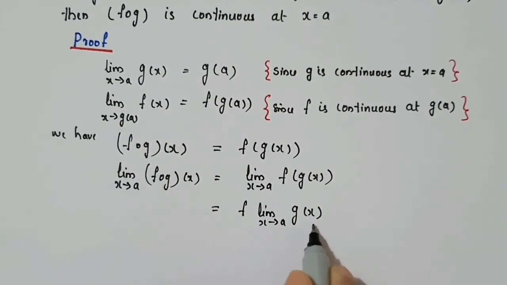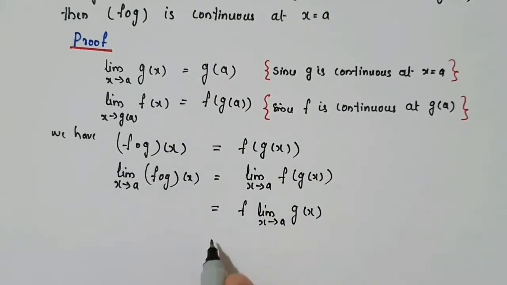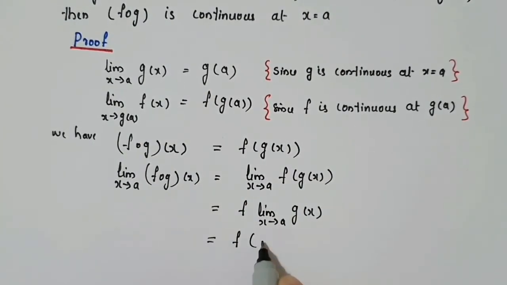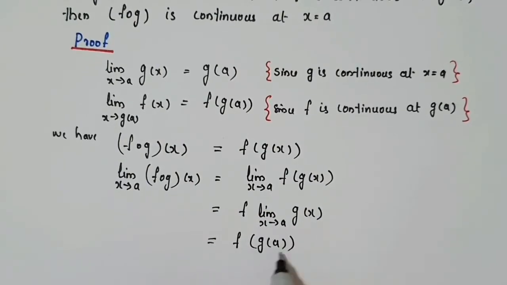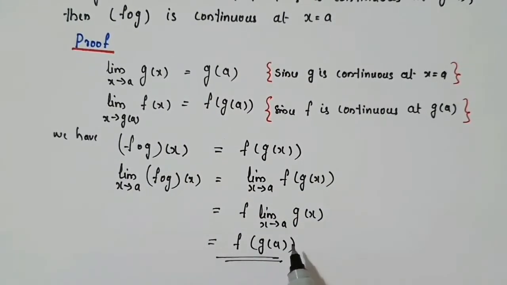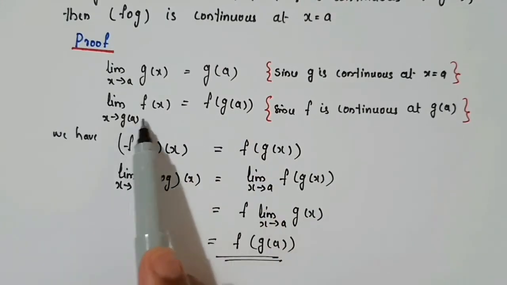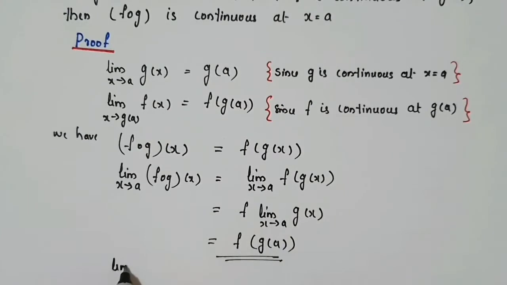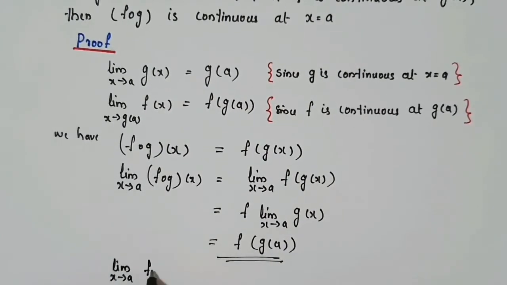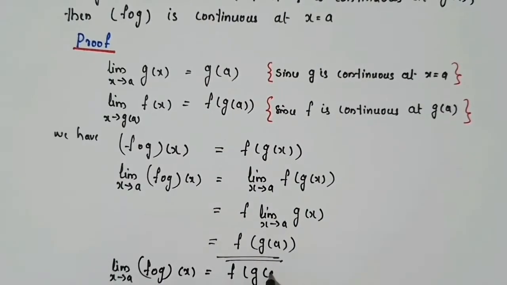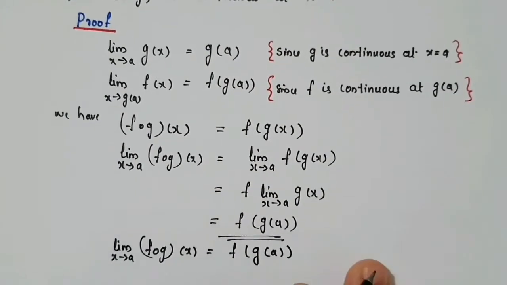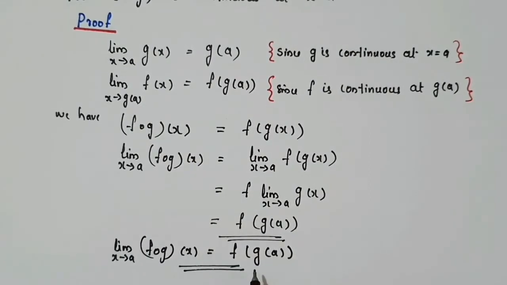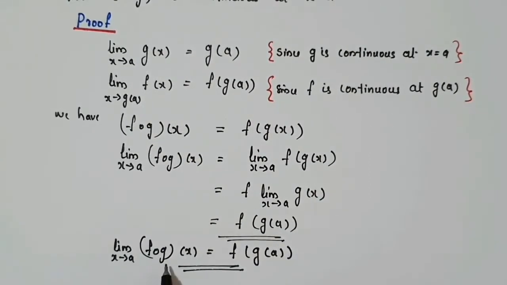Now limit x tends to a of g of x is g of a. So this gives f of g of a, where f of g of a is the value of the function and it is a continuous function. So we can write limit x tends to a of f of g of x is equal to f of g of a. Hence, it is proved that the composition of two continuous functions is continuous at a given point.